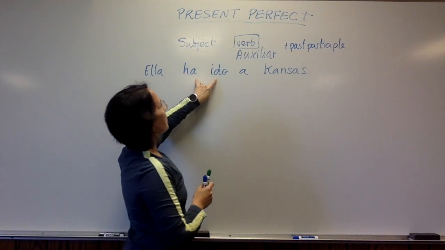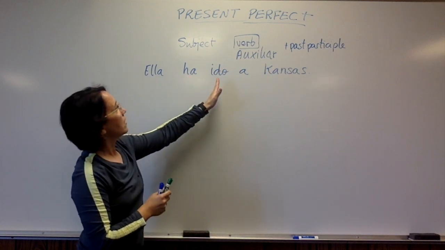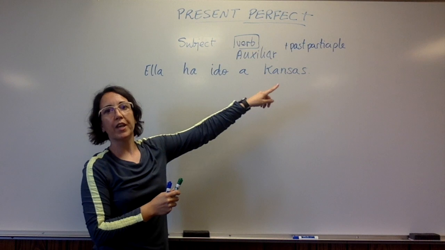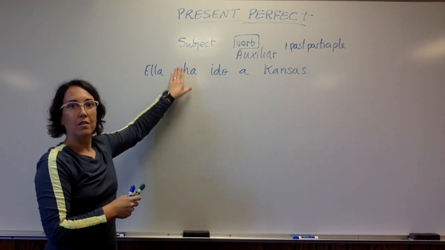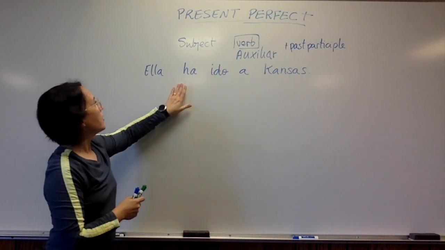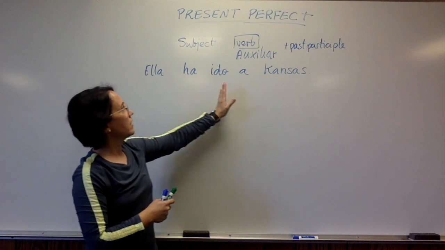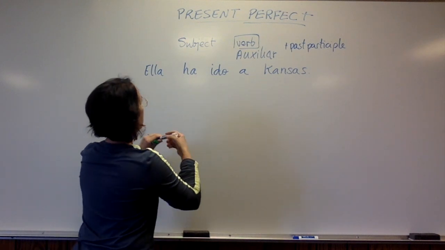Ha ido forms the verb with the past participle, so she has gone to Kansas. Ha ido, remember this is the auxiliary verb from haber. It changes because of ella. And then to Kansas.